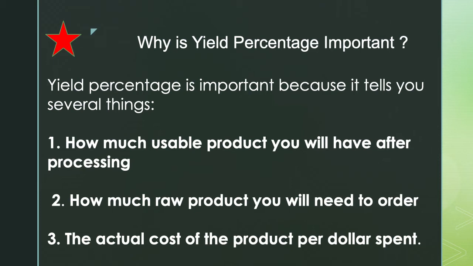The second thing, it's going to tell me how much raw product I'll need to order. Again, back to the carrots, if I want to order a kilo of carrots because my recipe asks for a kilo, and I know that I'm only going to get 70% yield out of that, I'm going to have to buy more carrots in order to get the amount that I need for my recipe. And it's going to actually tell me the actual cost of the product per dollar spent.